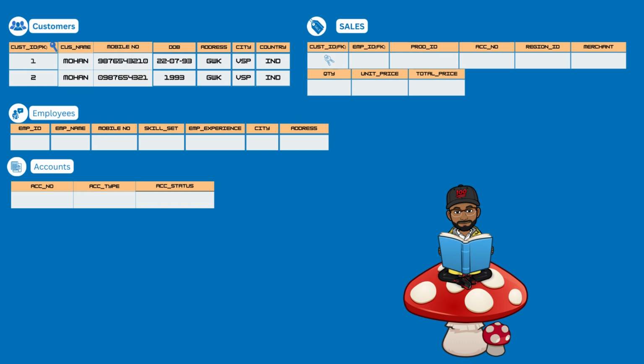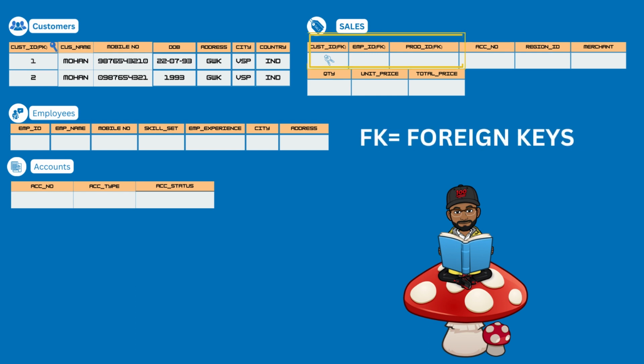At the end of the day, I want to analyze summarized data on the regions: which region is performing well, which merchant is performing well. I will have the merchant ID. This is the way I get all the key values from the tables.